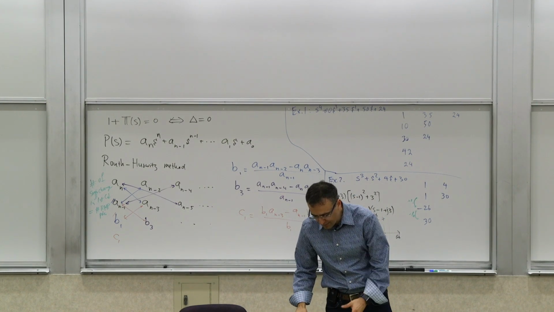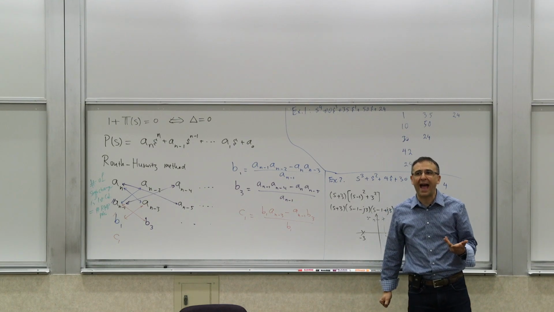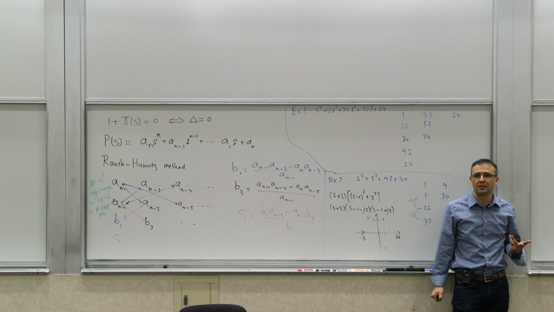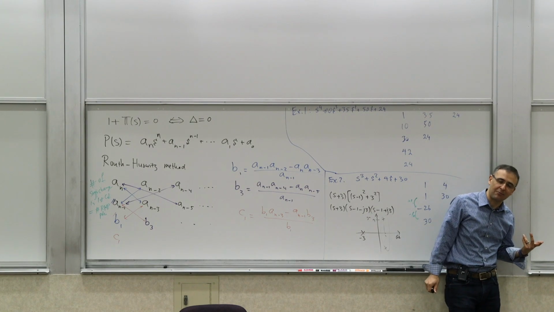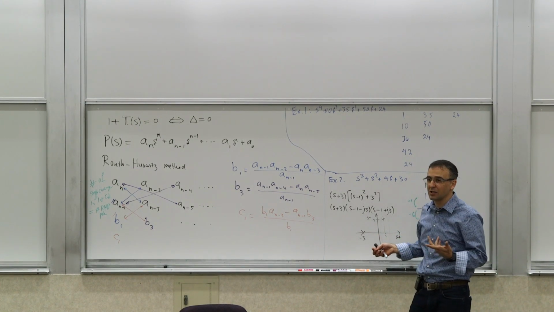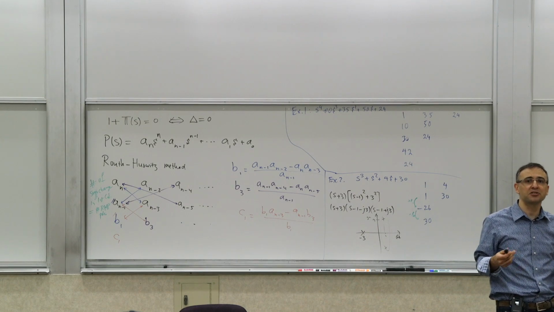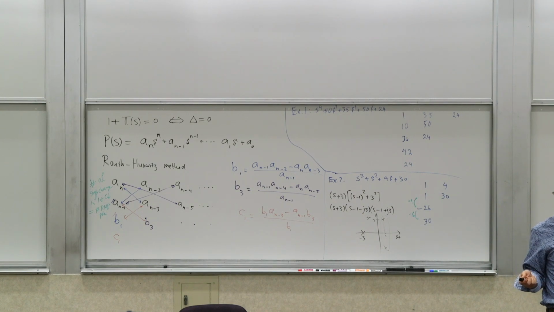But a lot of times you may not actually have the denominator polynomial in that form. Sometimes it may be parametric. You may have a measurement of a system instead. You can measure things like Bode plots.